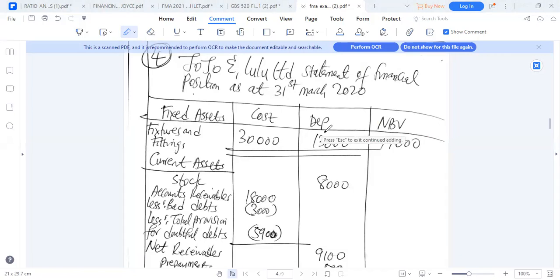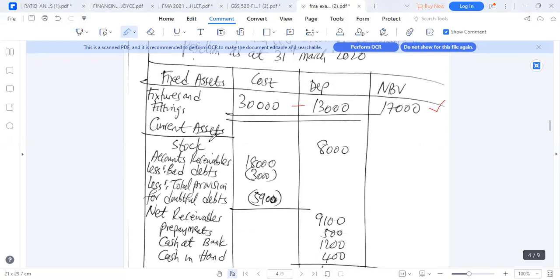It's coming from the 10% depreciation of 30,000, which gives the 3,000. Do we agree with that? Yes. So this is where 17,000 comes from, because it's the net book value.